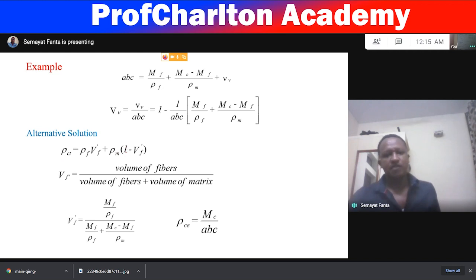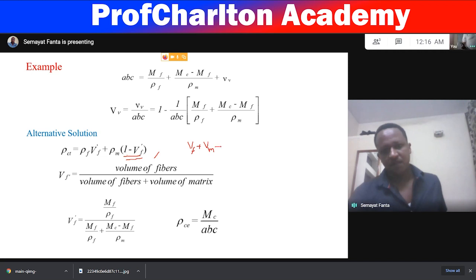That is the volume fraction of matrix, because volume fraction of fiber plus volume fraction of matrix is equal to 1, which implies volume fraction of matrix is equal to 1 minus volume fraction of fiber.